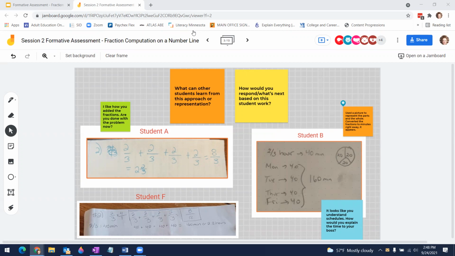Student A is not able to see that they can multiply these, they have to add them up. So when I'm looking at student B, I can't tell if they are doing 40 times 4 or if they're doing 40 plus 40 plus 40. Multiplicative reasoning is using multiplication strategies to scale up or scale down, to grow or to shrink.